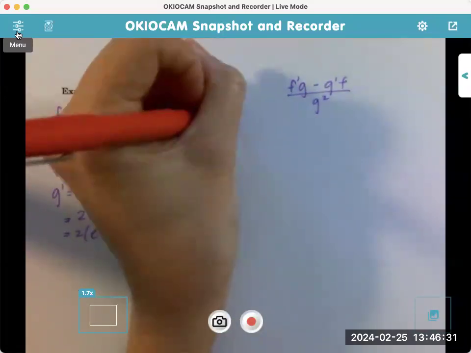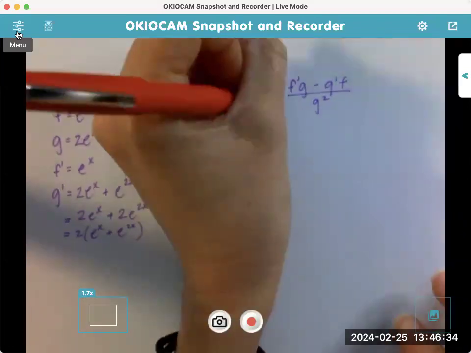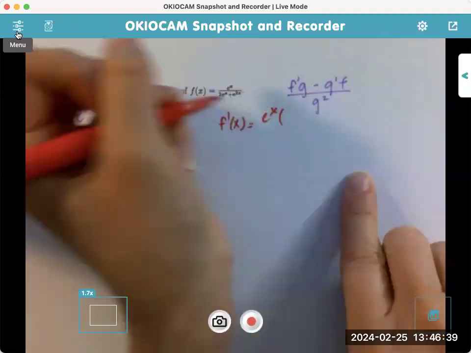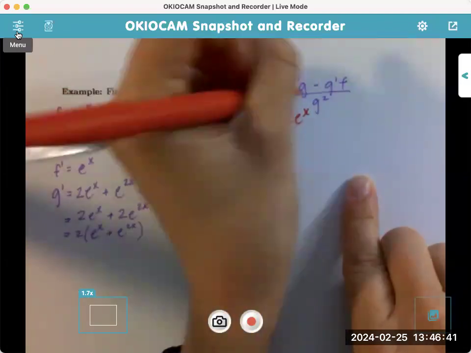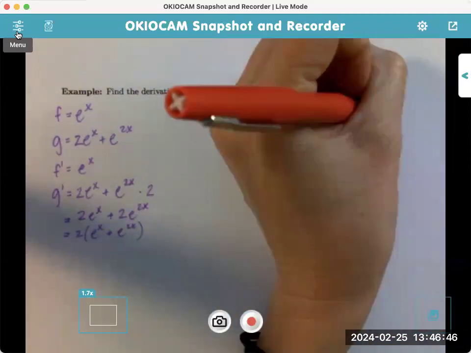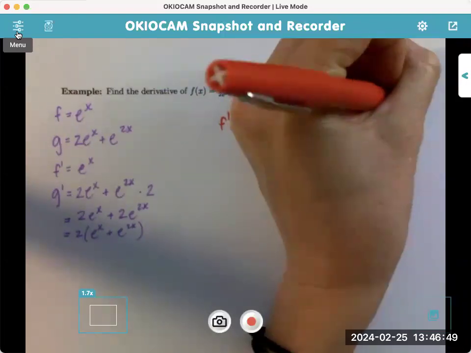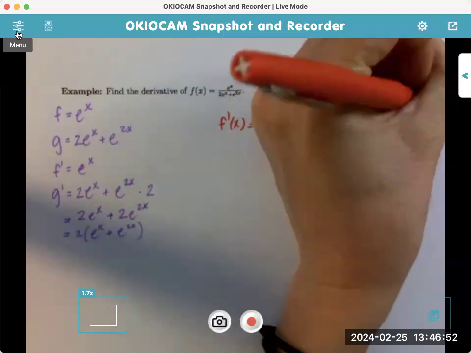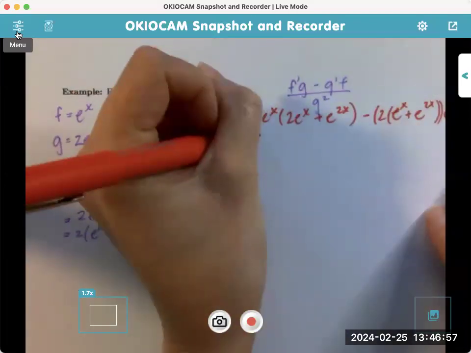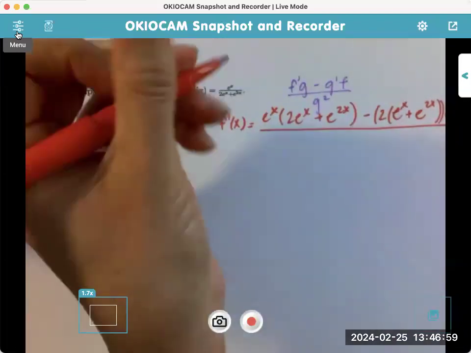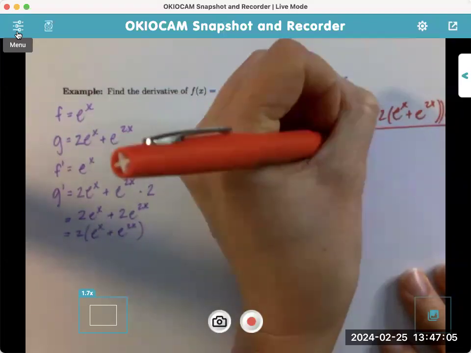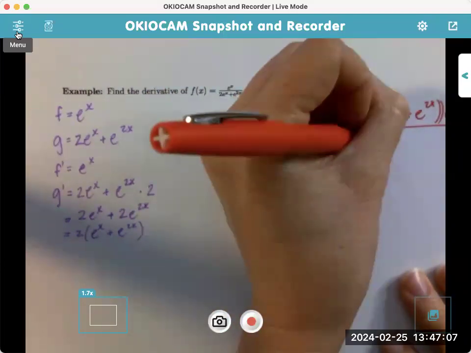All right, so f prime is e to the x, right? Putting all the pieces together, times g, 2e to the x plus e to the 2x, minus g prime, which is 2 e to the x times e to the x plus e to the 2x, times regular old f, which is e to the x, all over g squared, that is 2 e to the x plus e to the 2x, and then all that quantity squared.